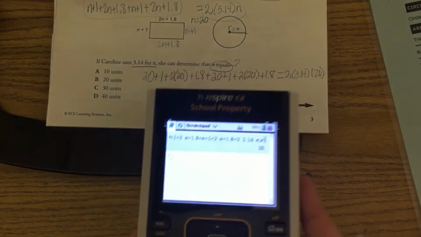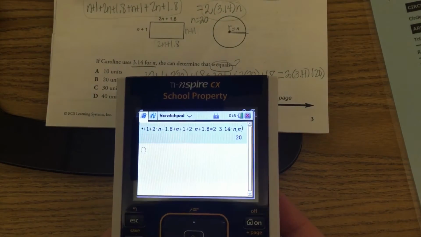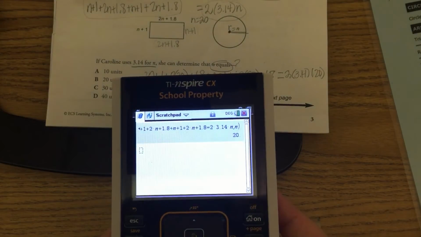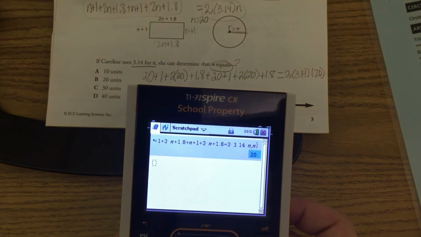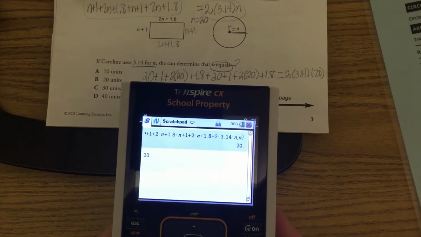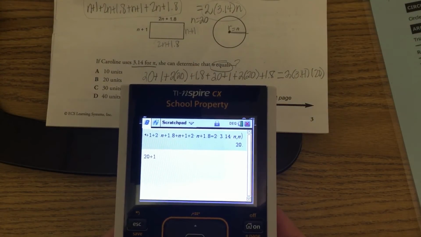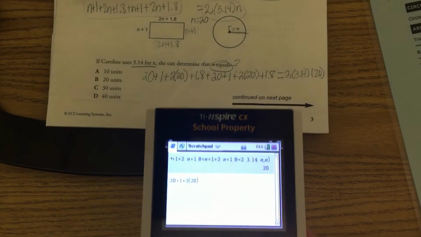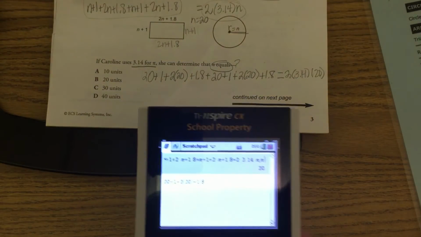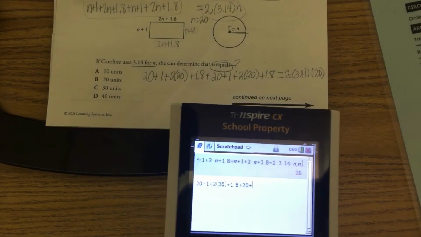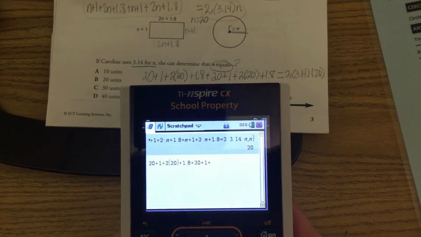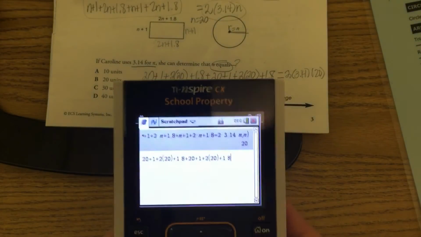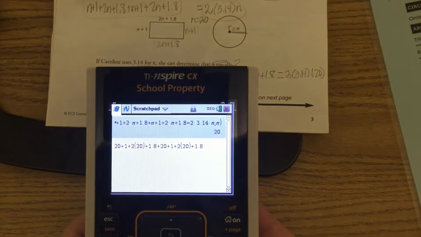I would have 20 plus 1 plus 2 times 20 plus 1.8 plus 20 plus 1 plus 2 times 20 plus 1.8, and see what that equals.